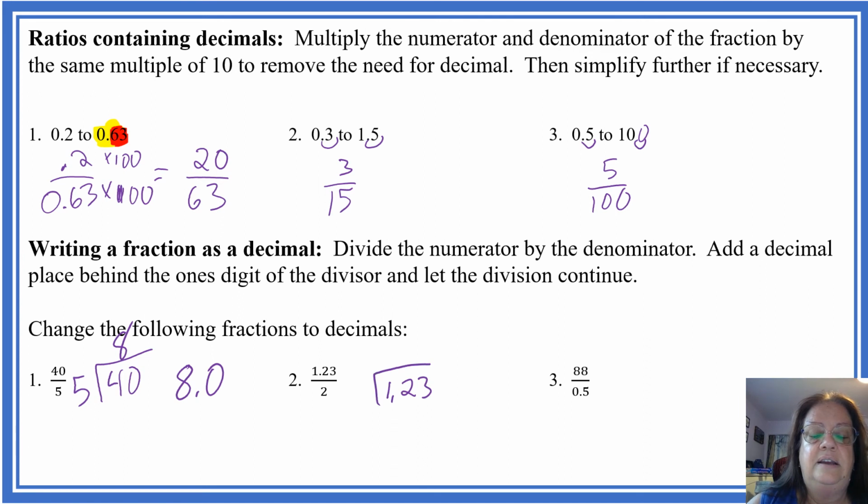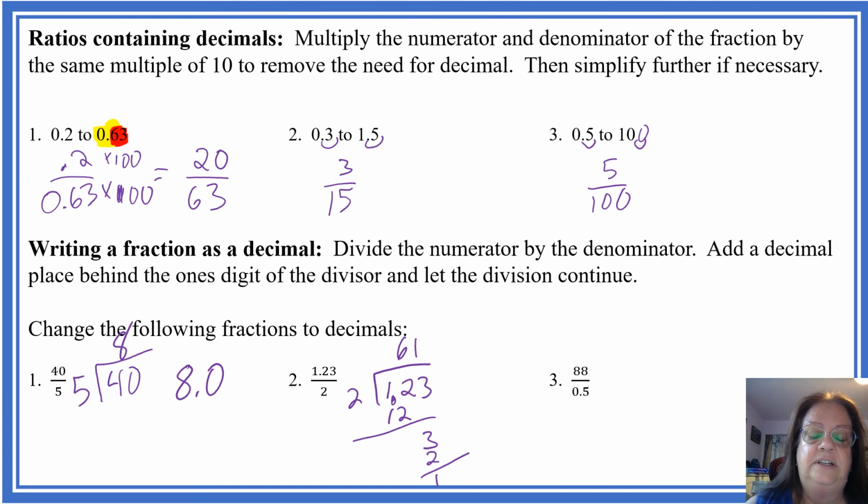1.23 divided by 2. 2 goes into 12 6 times. Oops, I put the 6 in the wrong place. Apologies, it's been a bit. Now I put the 12 here, I subtract, I get 0, I bring down the 3. 2 goes into 3 once. 2, 1.